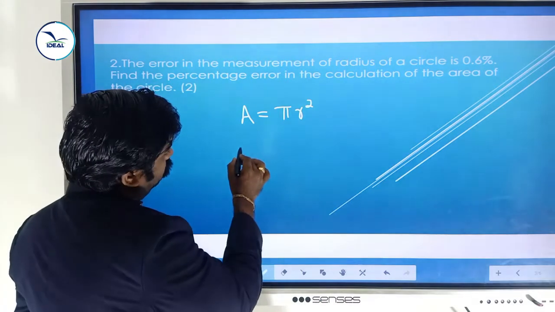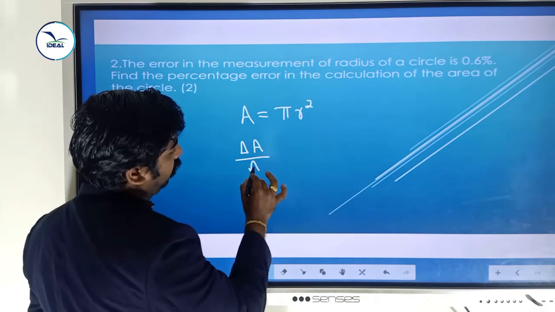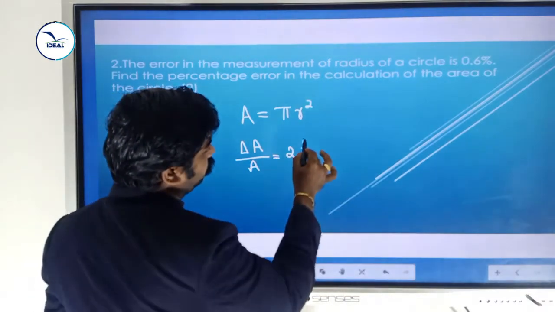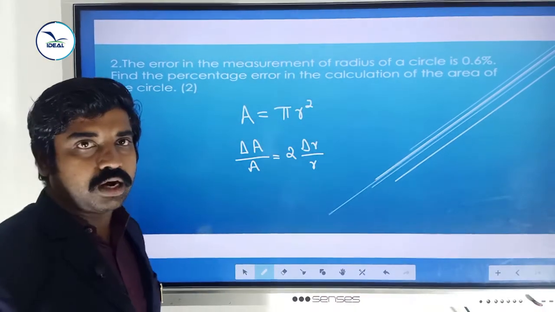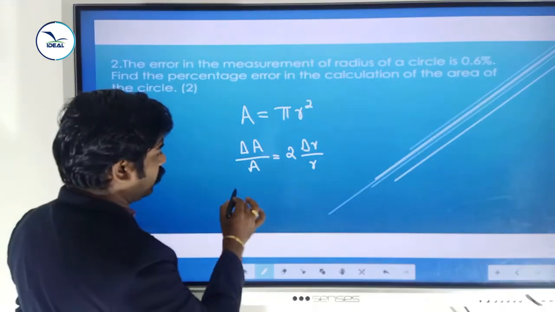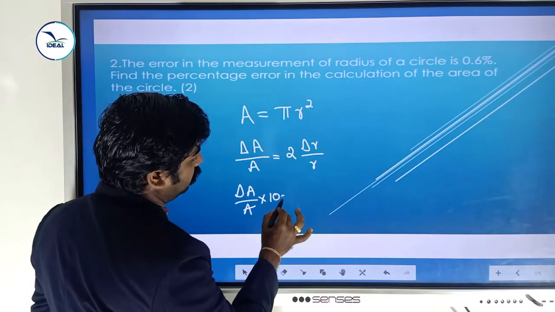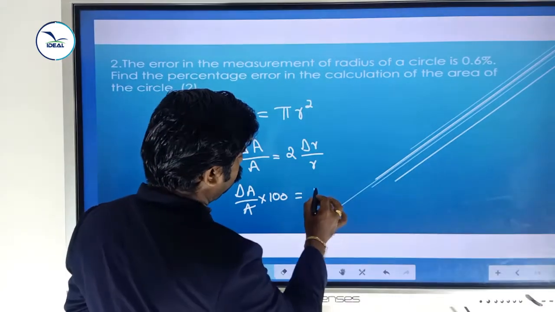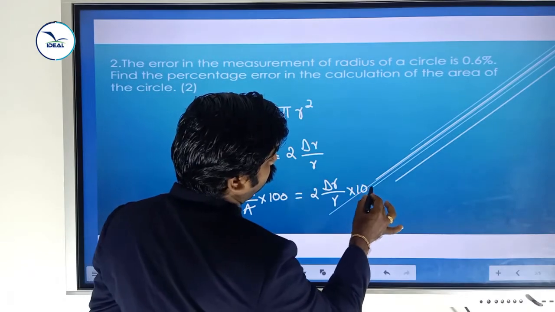So we can write the error in this equation: delta A by A is equal to 2 into delta R by R. So the percentage error, delta A by A into 100, equals 2 into delta R by R into 100.